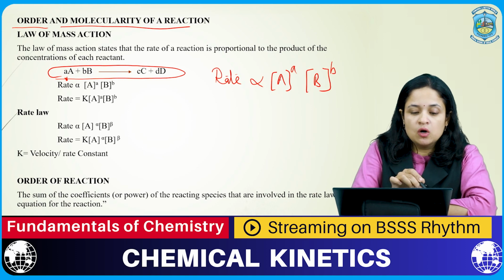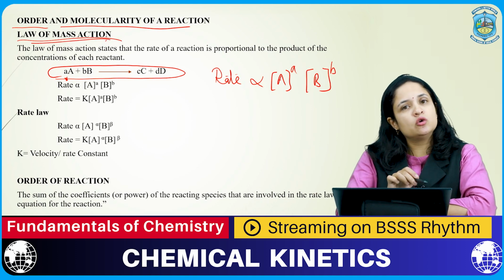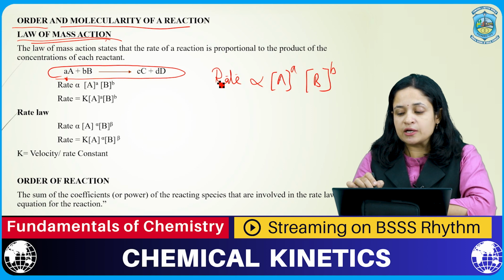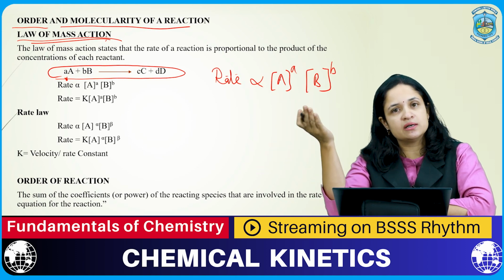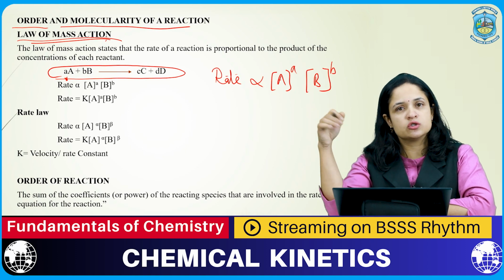This is your law of mass action. According to the law of mass action, the rate of reaction is directly proportional to the concentration of reactants. As the concentration of reactants increases, the rate of reaction also increases.